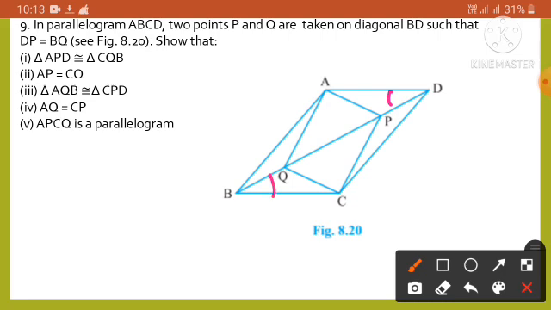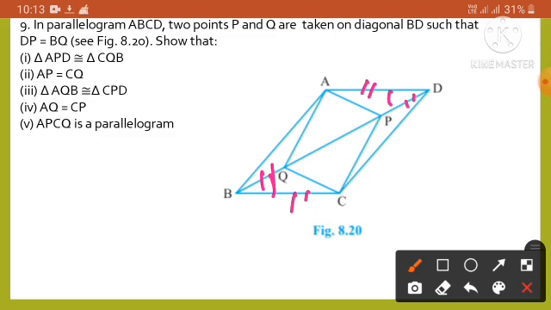Now in triangle APD and triangle CQB, we have AD equals CB, because opposite sides of the parallelogram ABCD are equal. PD equals QB, already given, and we proved that angle ADP is equal to angle CBQ.